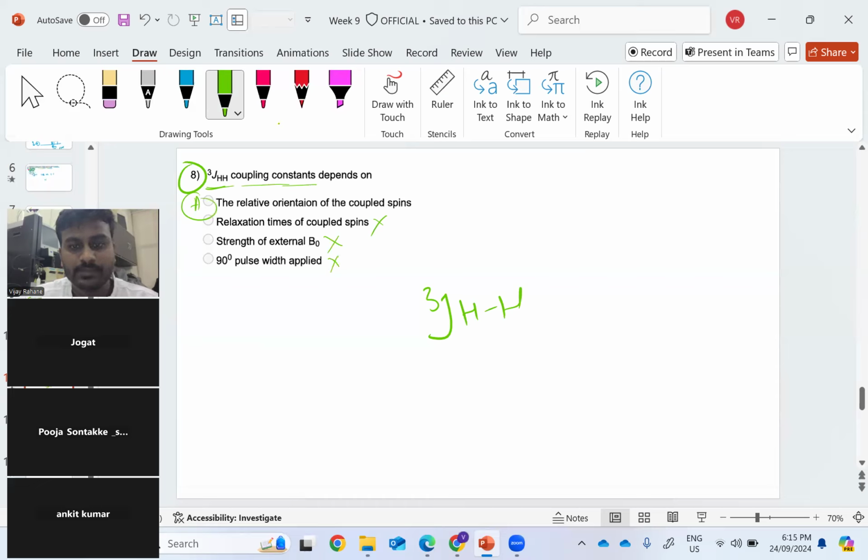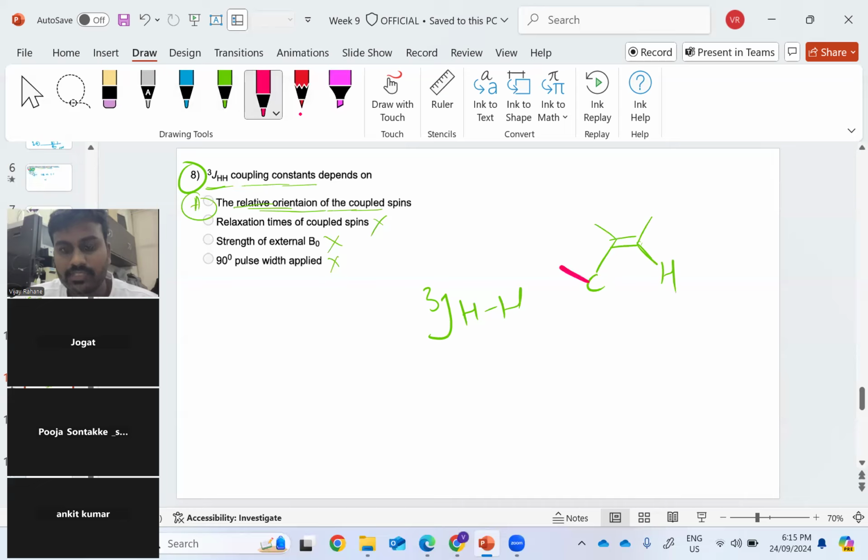If you look at the J3 coupling constant, it depends on the relative orientation of the coupled spin. So if you look at any different signal here, if you have the CH2 and this CH, in this group, this kind of group, C will have three protons, right?